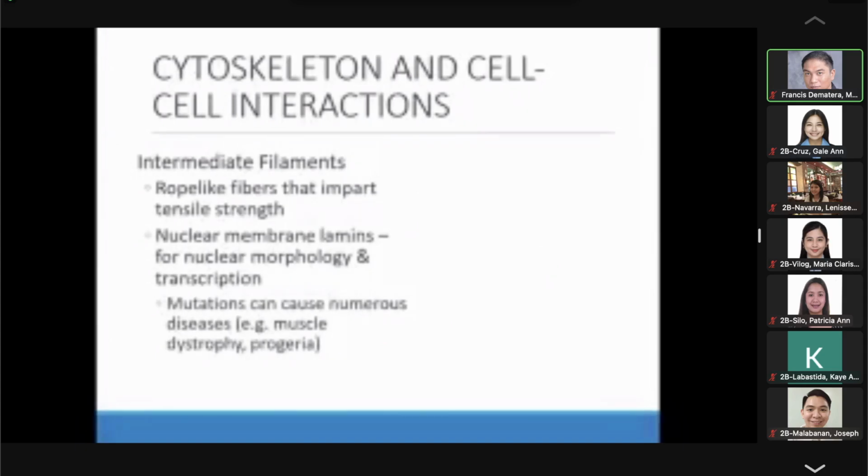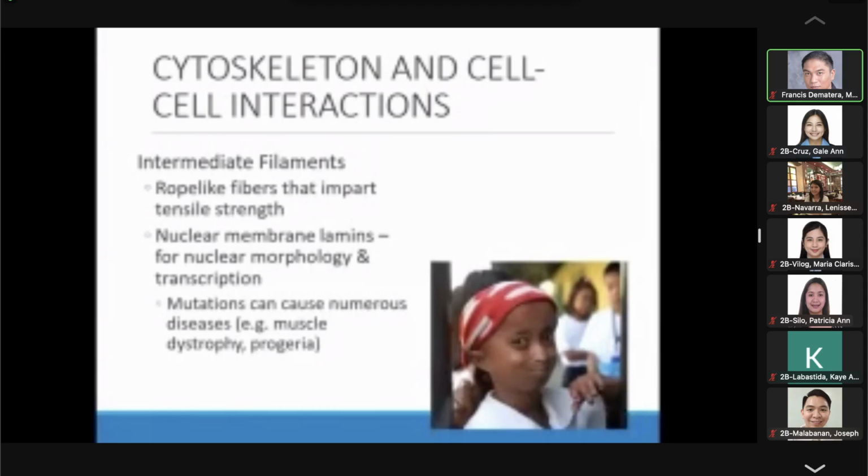The polymerized form does not actively reorganize like actin and microtubules. And nuclear membrane lamins define nuclear shape and regulate transcription, and mutations in these can cause diseases such as muscular dystrophy and progeria.